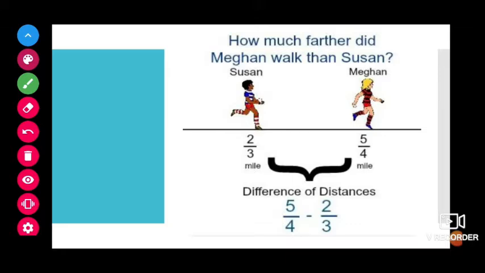Here Susan ran 2 by 3 mile and Megan ran 5 by 4 mile. Usually if it is whole numbers like 2 miles, 3 miles, 4 miles, we will represent it like that. But if it is in fractions, some incomplete part, not fully whole, then how can we represent it? By using these rational numbers. This is the need of the rational number.